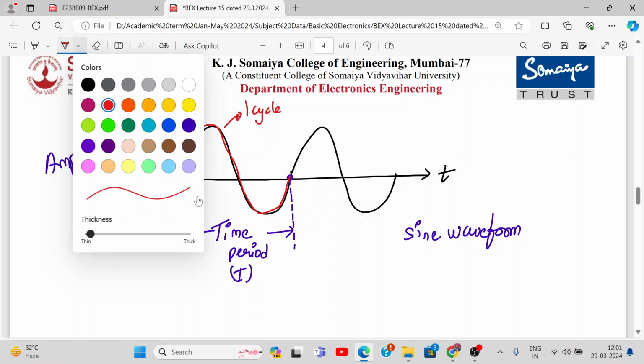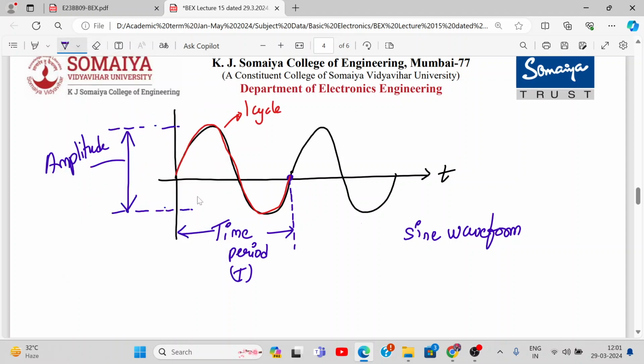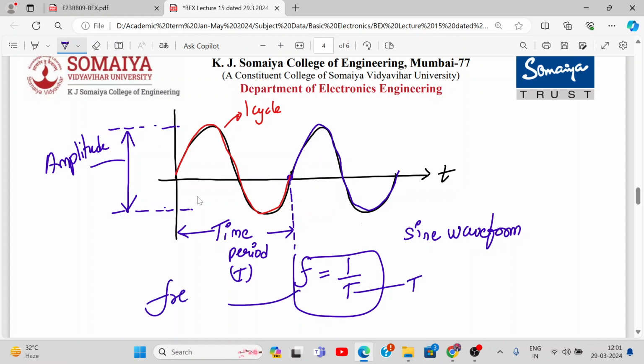And the second cycle starts over here. See, it's again repeating, following the footsteps of the first cycle. So how do you define frequency? 1 upon time period is frequency. This is the time period and this is the frequency. Are you understanding what I am explaining, everyone?